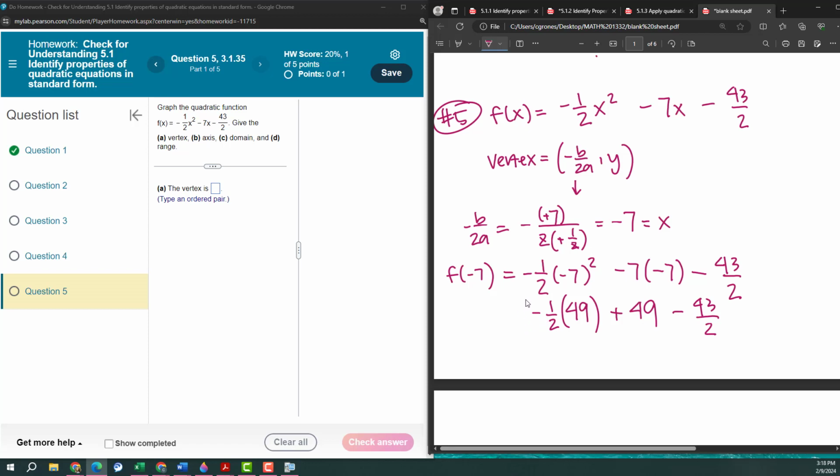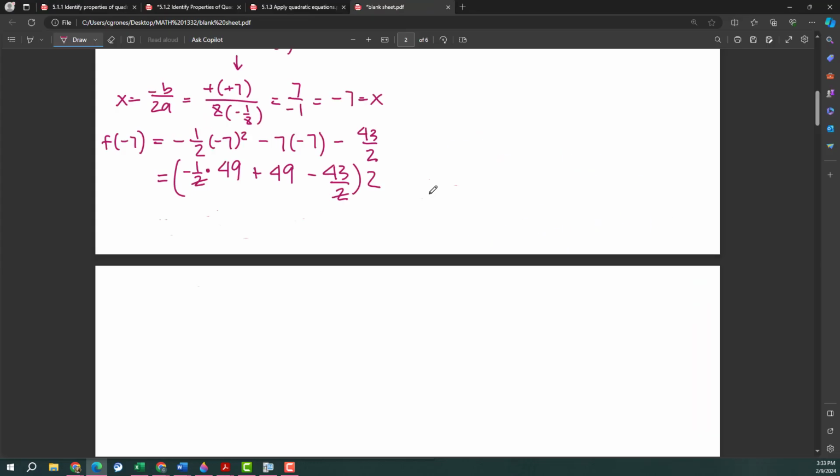So if we multiply everything by 2, we can get rid of our fractions. We have to do it to both sides. So I have to do it to whatever is in our left side, which is y. So yes, the 2's cancel out, and we are left with negative 49, and then you have to multiply 2 by 49, which is positive 98, and then we have negative 43, and then this equals 2y.